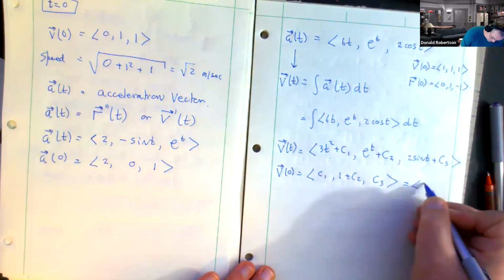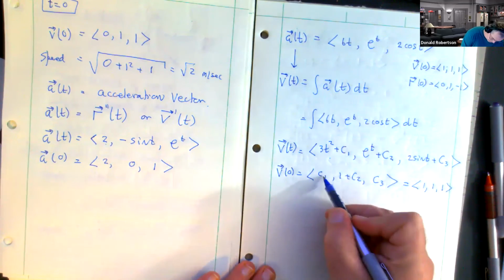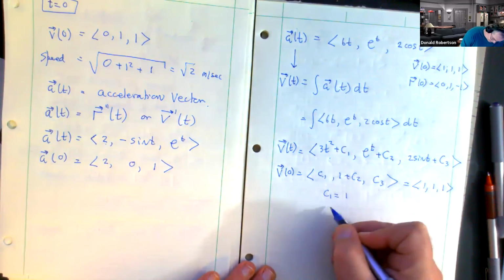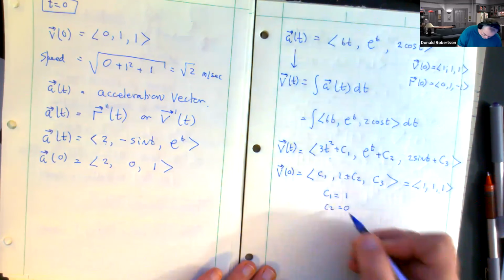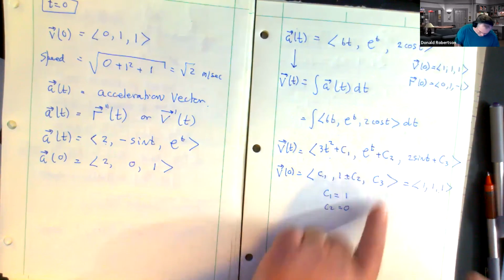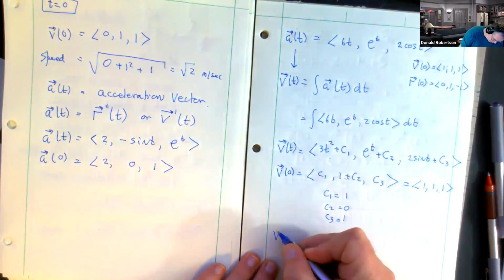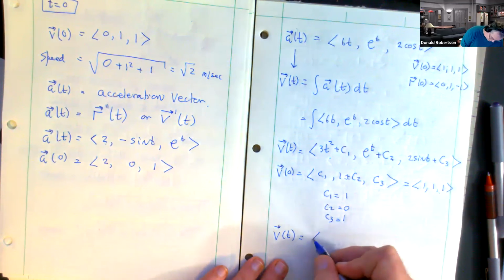And we know, because we're told, that it's equal to 1, 1, 1. And if you match them up, C1 is 1, C2 is 0, because 1 plus 0 gets you 1, and C3 is 1. That means we now have the full version of the velocity vector.